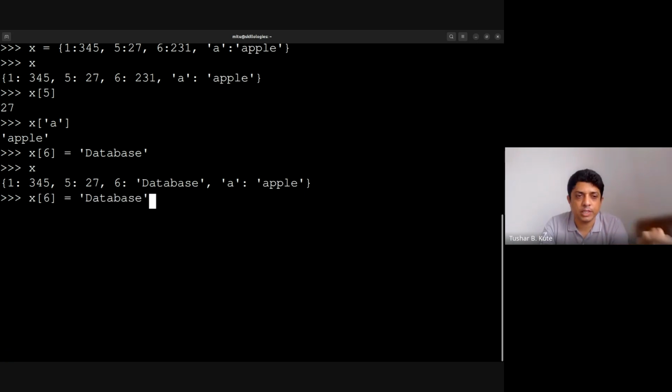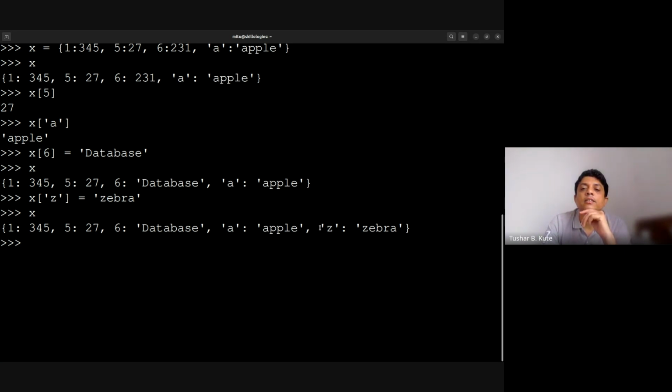Or if it is not present, like I want to add one more key value pair, z in that x variable, and I'm putting zebra there, so it's added at the end. So if it is present, we are replacing it, and if it is not present, we are appending it. It's called a key value pair kind of system. Make sure it is dynamic, not structured.